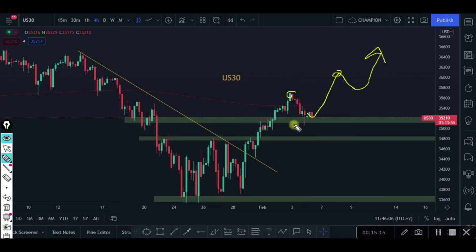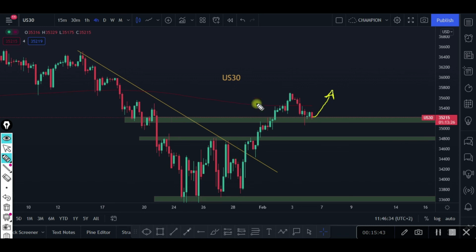So you guys are able to see that this is our higher high, and now it's about to create a higher low and give us the new higher high and come and retest and push high again. My prediction today is that the market will be pushing high during the NFP news.